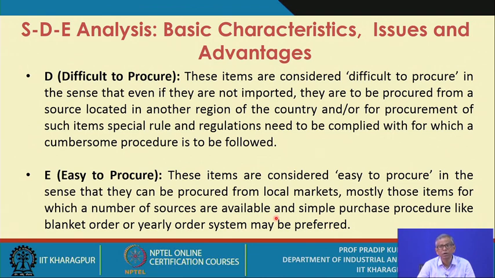Suppose it's a yearly order system, that means for the given item the price remains fixed for 1 year, and as per your requirements they are supposed to supply the items in required quantities.